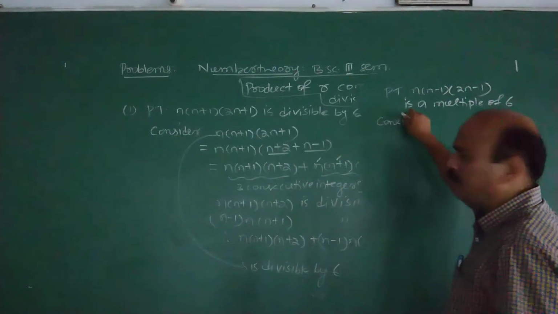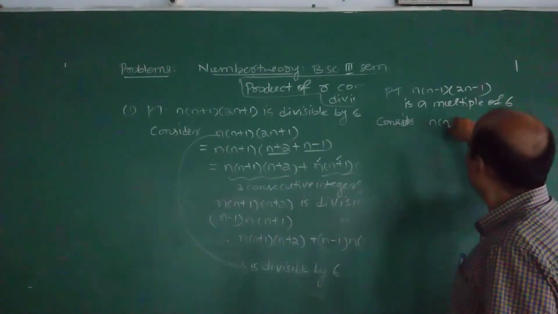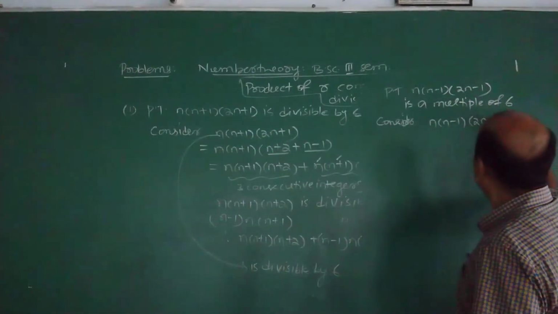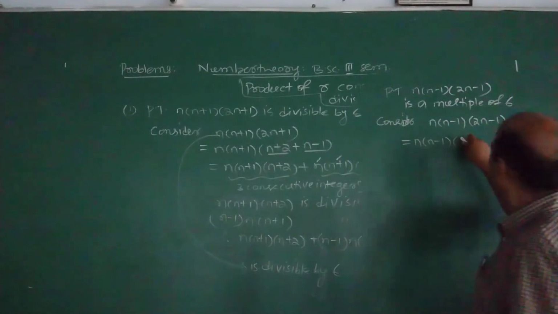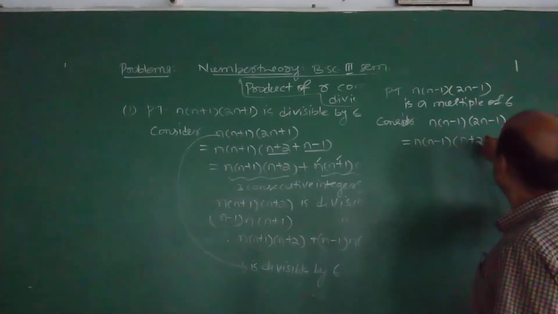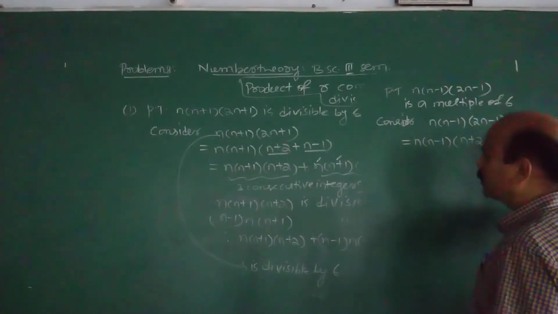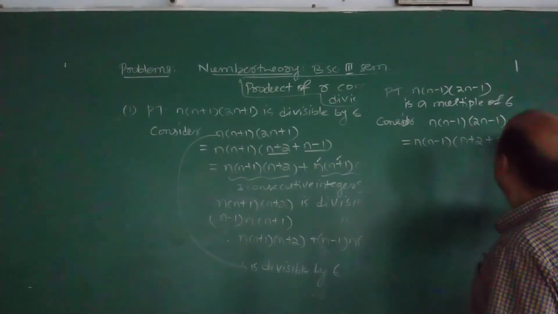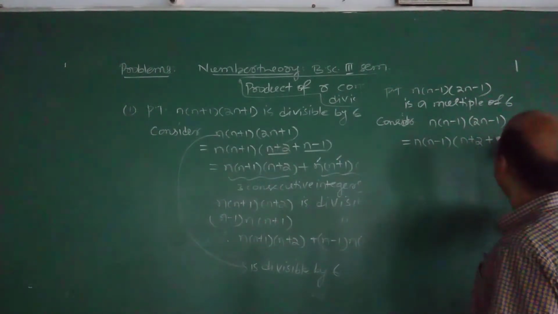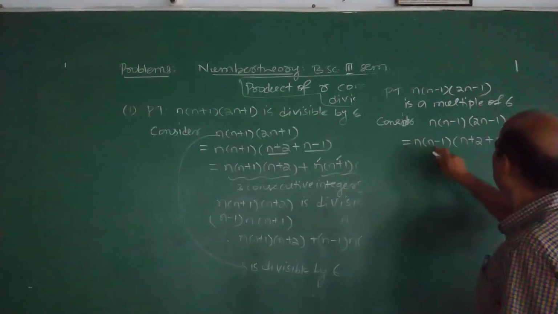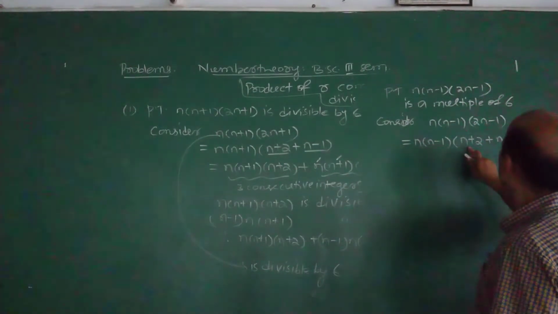Consider n into n minus 1 into 2n minus 1. We write this as n into n minus 1 into n plus 2 plus n minus 1. Is it correct?